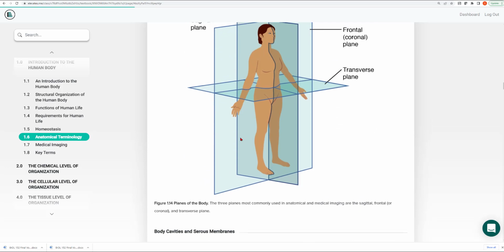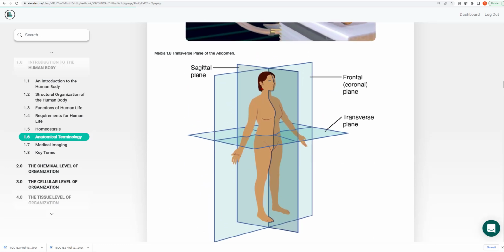So here's a great little image. There's something like this in your green lab manual as well. And you can see that in this person, she is standing in anatomic position. If you slice her into upper and lower portions, any of these slices would be a transverse, horizontal, or cross section. It could be up here, it could be here, it could be cutting across at her ankles.